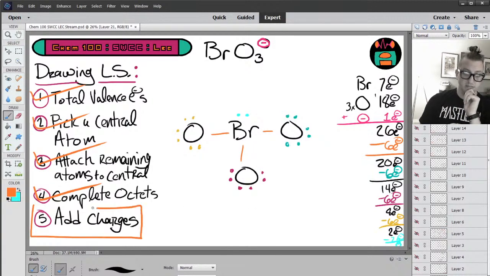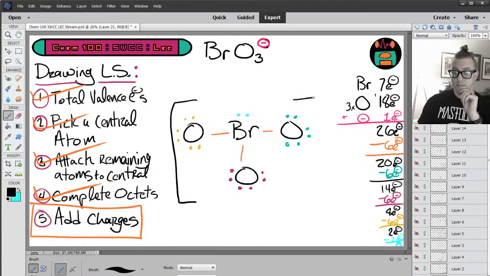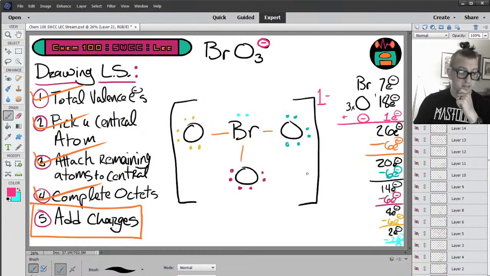Let's not forget that because we're dealing with an ion, we have to add charges. We need to put this entire thing in a bracket, then put our charge superscripted outside the right bracket. So that is the Lewis structure for bromate.